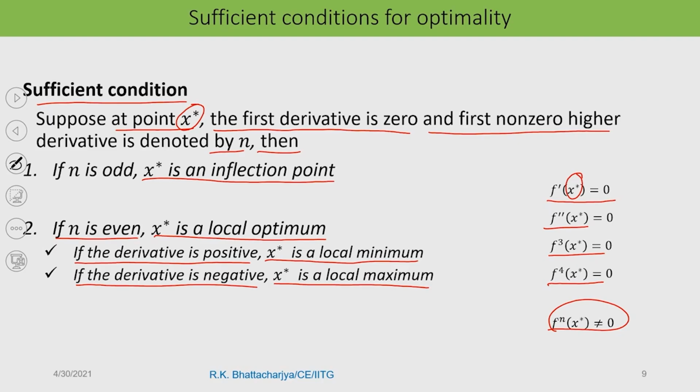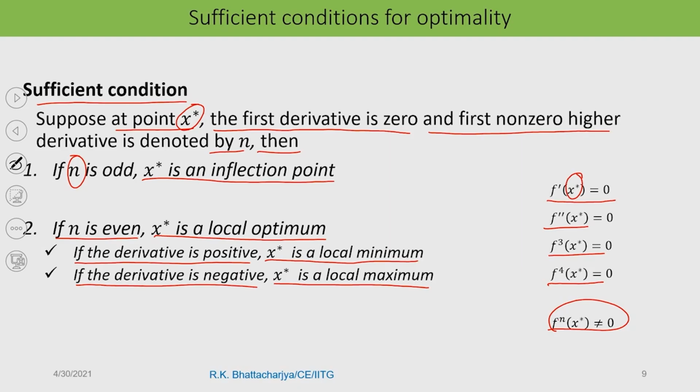Now, if n is odd, that means 3, 5, 7, something like that, then x star is an inflection point. Whatever your x star is, it is already a stationary point, but this stationary point will be an inflection point if n is odd. I hope this is clear.